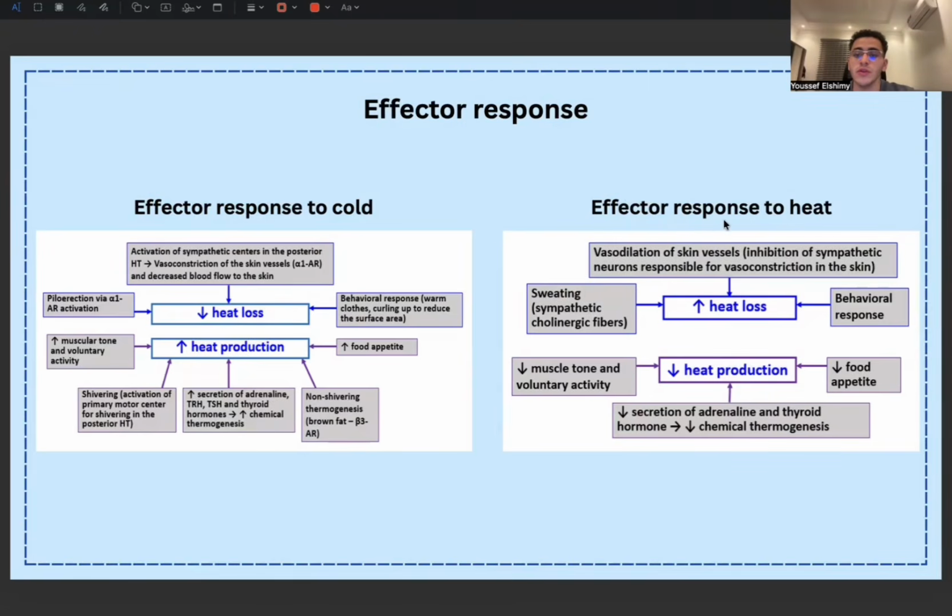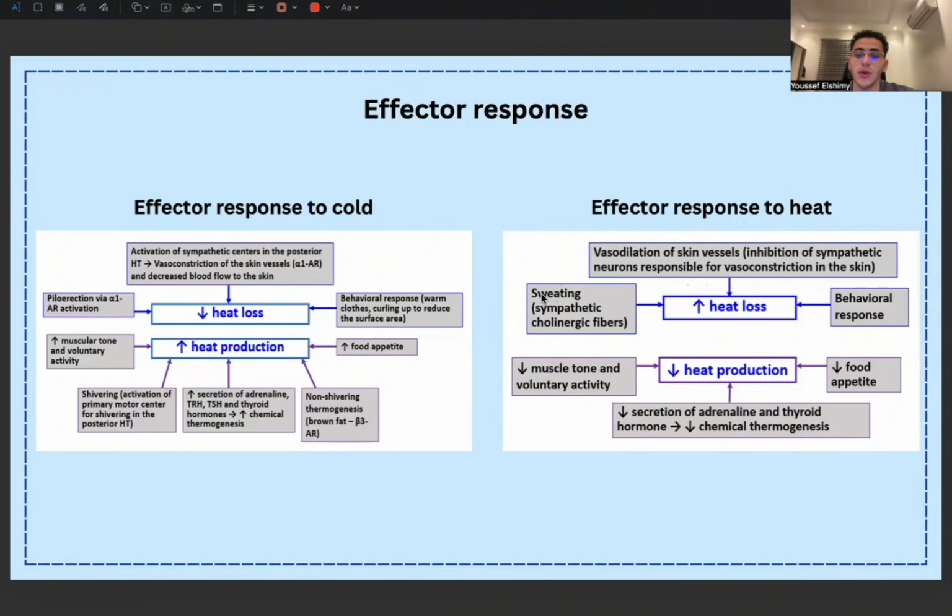Then, moving on to effective response to heat. When you are warm, you want an increased heat loss. How can we increase heat loss? By inhibiting the sympathetic nervous system. So, what happens when you inhibit the sympathetic nervous system? You have vasodilation. Vasodilation would increase the surface area for heat loss in the skin, so this would lead to heat loss.